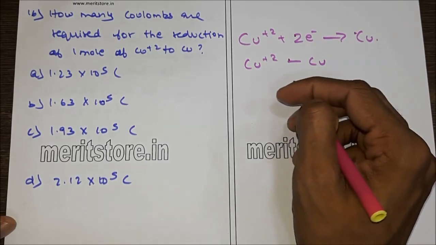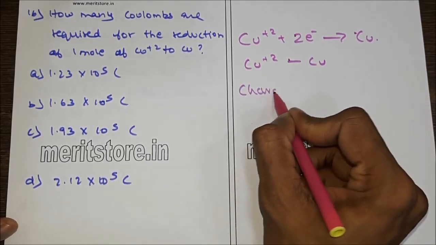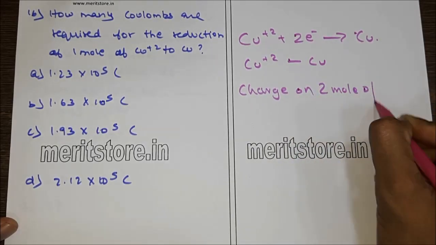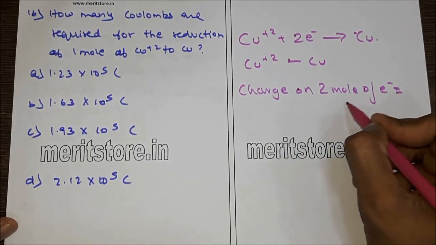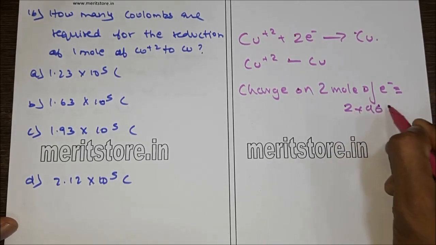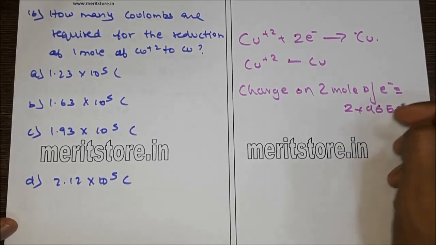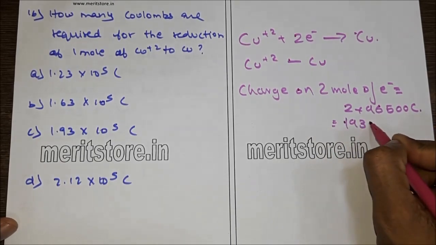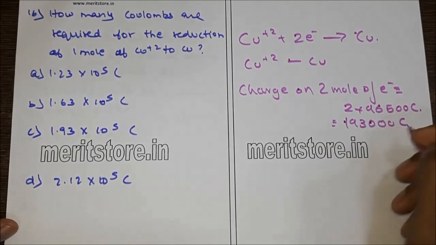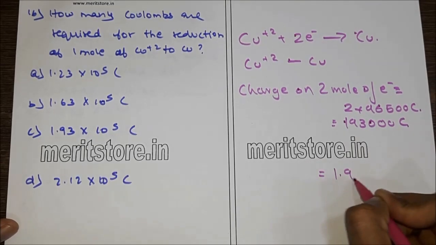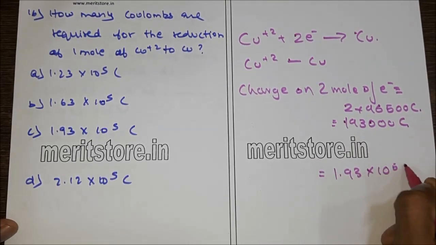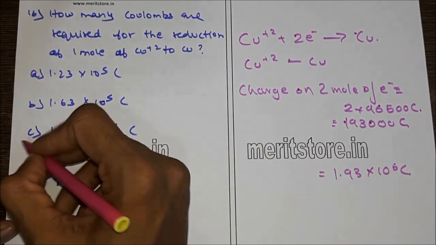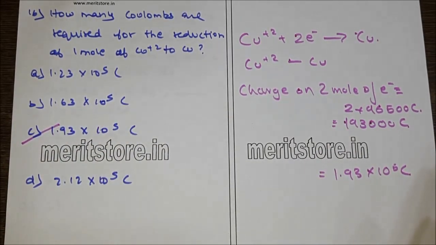So the charge on 2 moles of electrons is equivalent to 2 into 96,500 coulomb, which is equivalent to 193,000 coulomb, which is 1.93 into 10 raised to 5 coulomb. So we see the answer matches with option C. Therefore, option C is the correct answer.